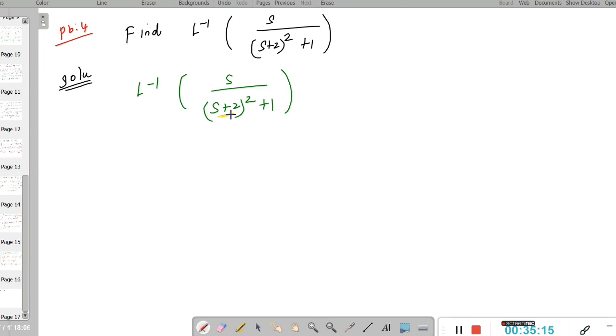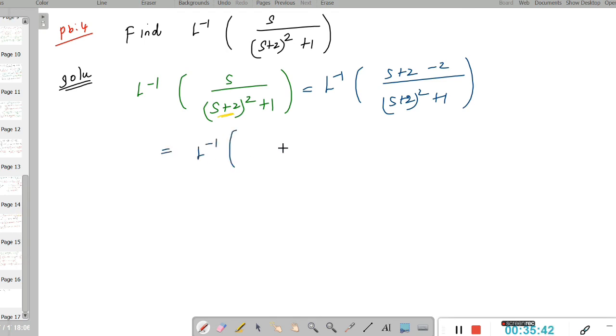So now I am going to rewrite s as s plus 2 minus 2. So in the numerator I am going to write s plus 2 minus 2 divided by s plus 2 whole square plus 1, which is equal to L inverse of s plus 2 divided by... you can rewrite it as a sum of two functions like this.